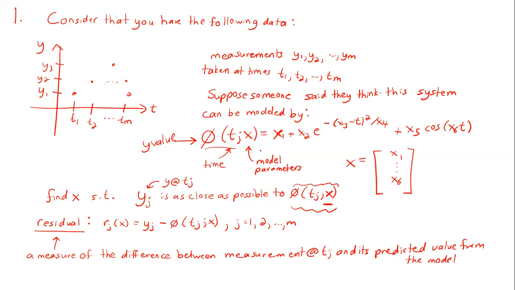And so since I fixed the model structure here, the question is what are x1 to x6 so that I can get this residual as small as possible. And as you can tell from some of the language that I'm using, things like how small can I make this, I'm probably going to want to minimize something related to this.